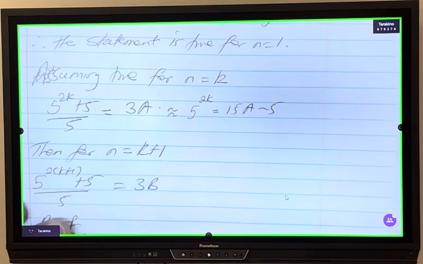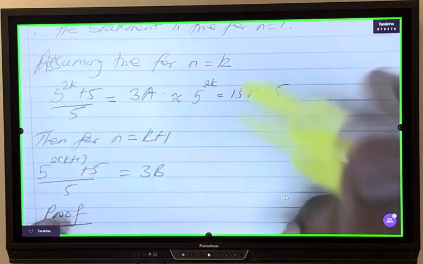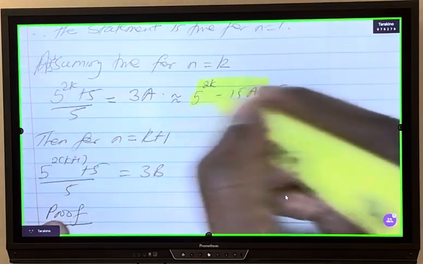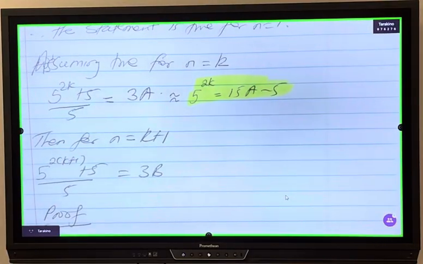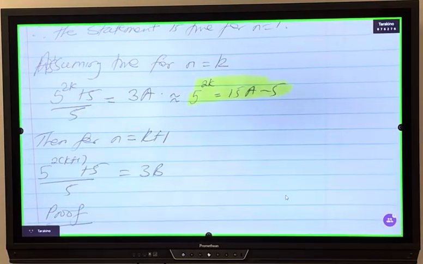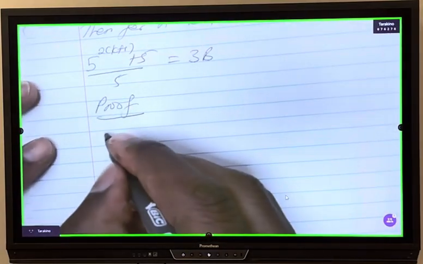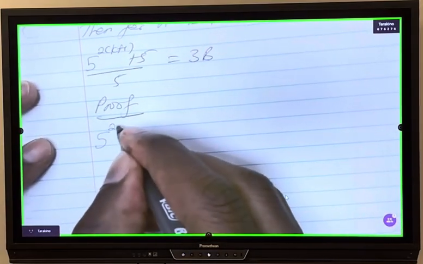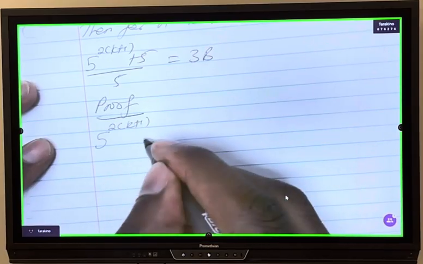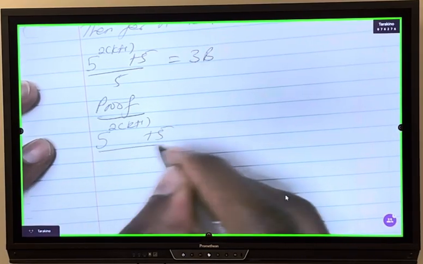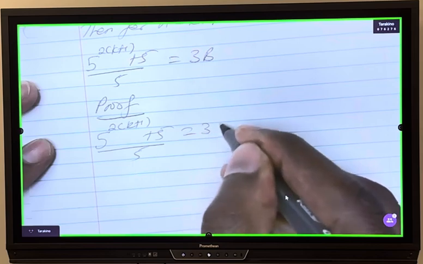You can use this. Remember, we always use the assumption stage to help us to prove. So from there, on the proof stage here, you can say (5 to the 2k plus 1 plus 5) over 5 equal to 3b.